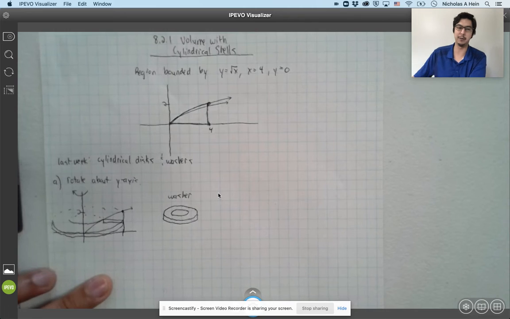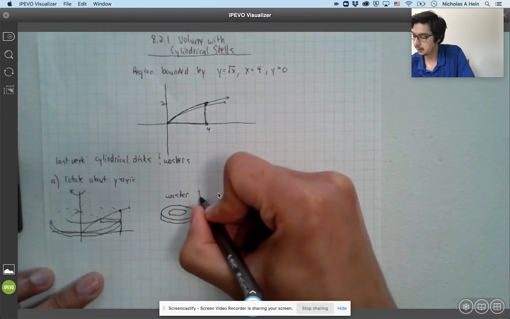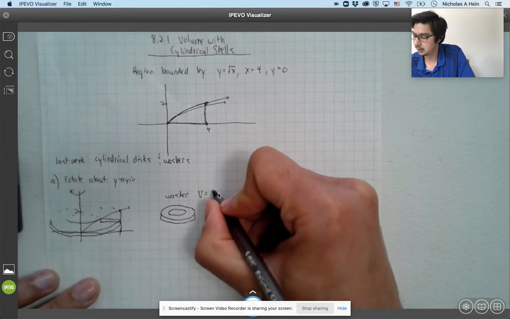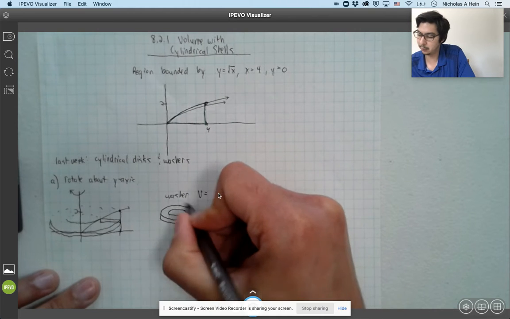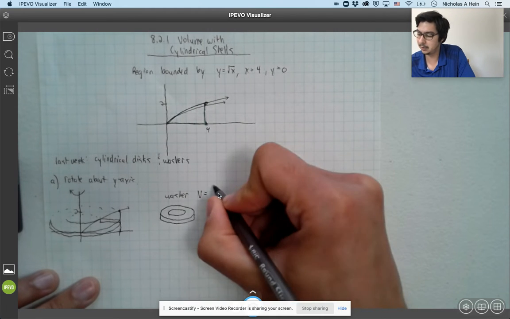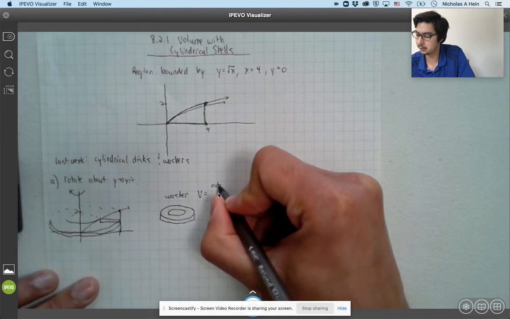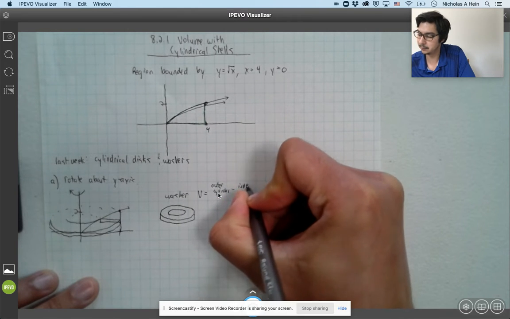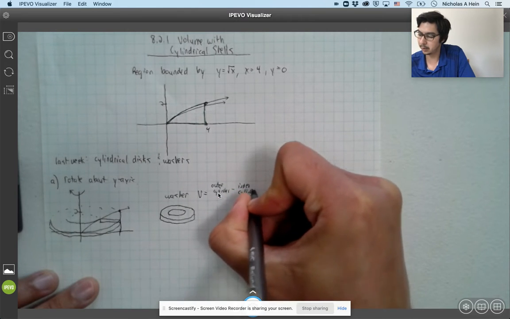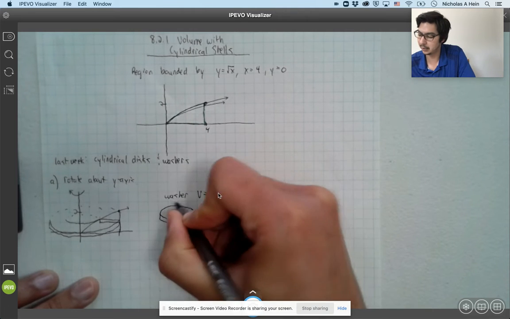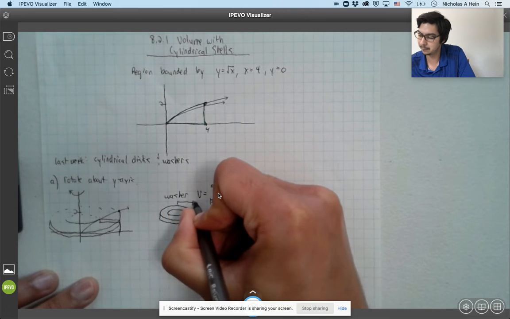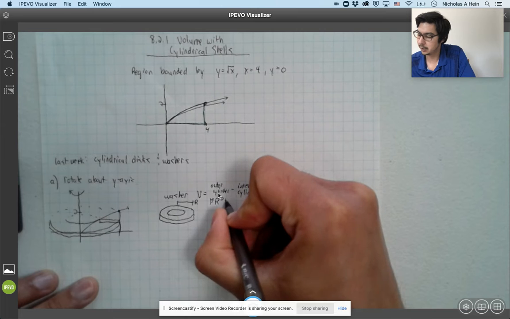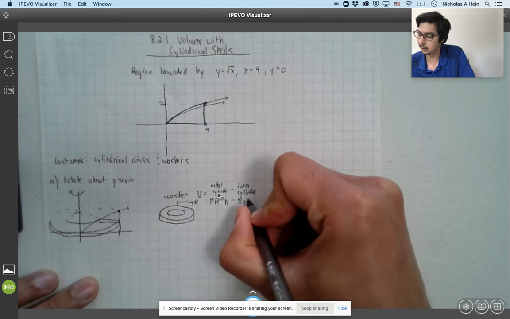Okay, and the volume of a washer is going to be the volume of the outer cylinder minus the volume of the inner cylinder. And if you do the work, what you end up getting there is pi, I call the outside big R squared h, minus the inside, which I'll call little r squared h.